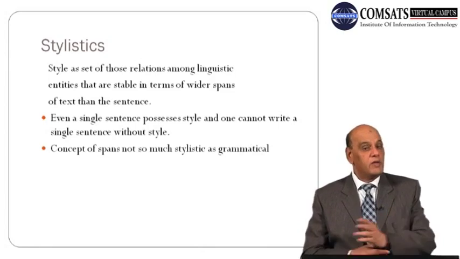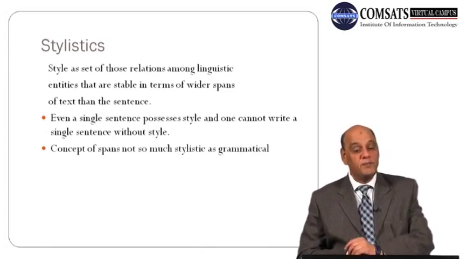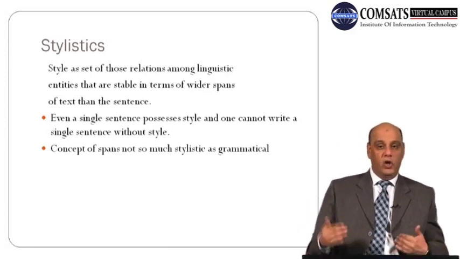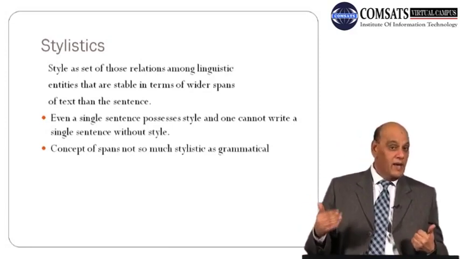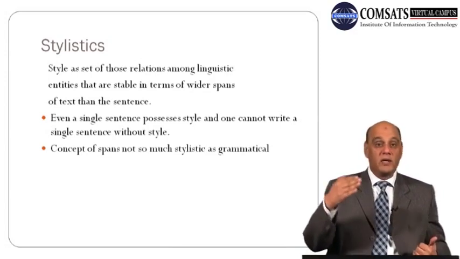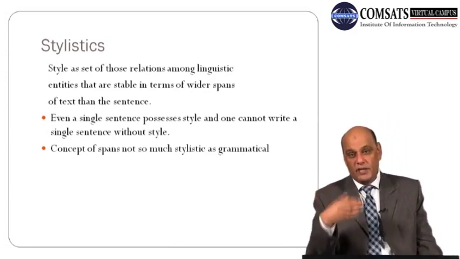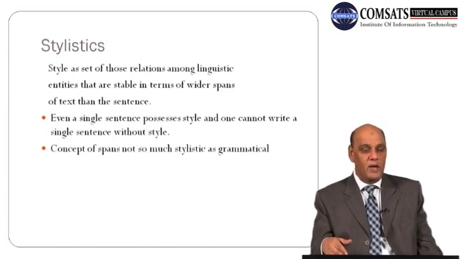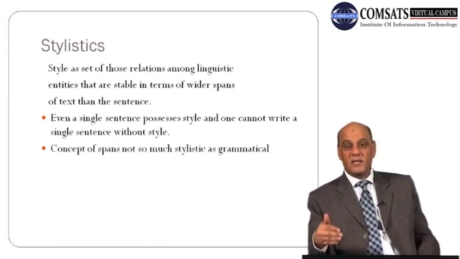But on the other hand, we say that even a sentence possesses style. It's not like only the large text or the long writings can have style, because there would be consistency and repetition of linguistic devices. Even one sentence has a style.